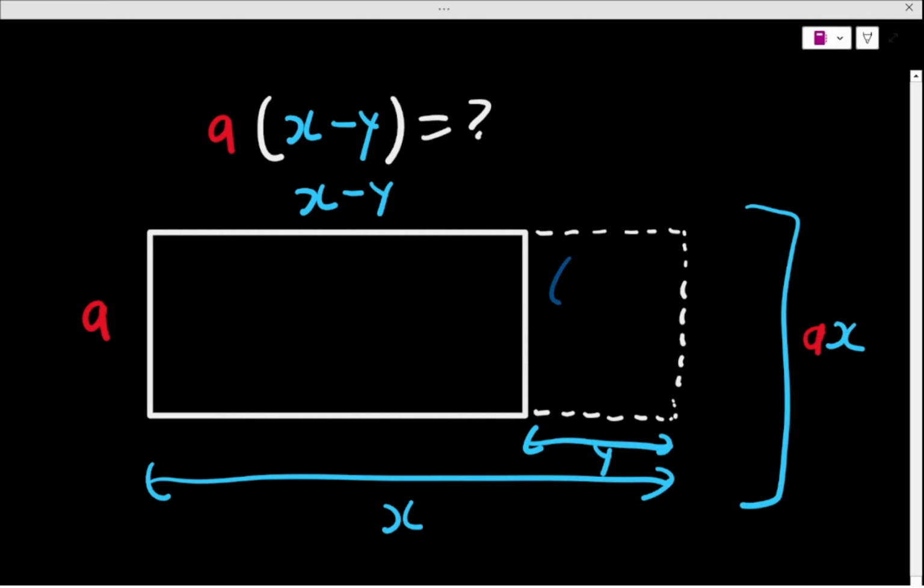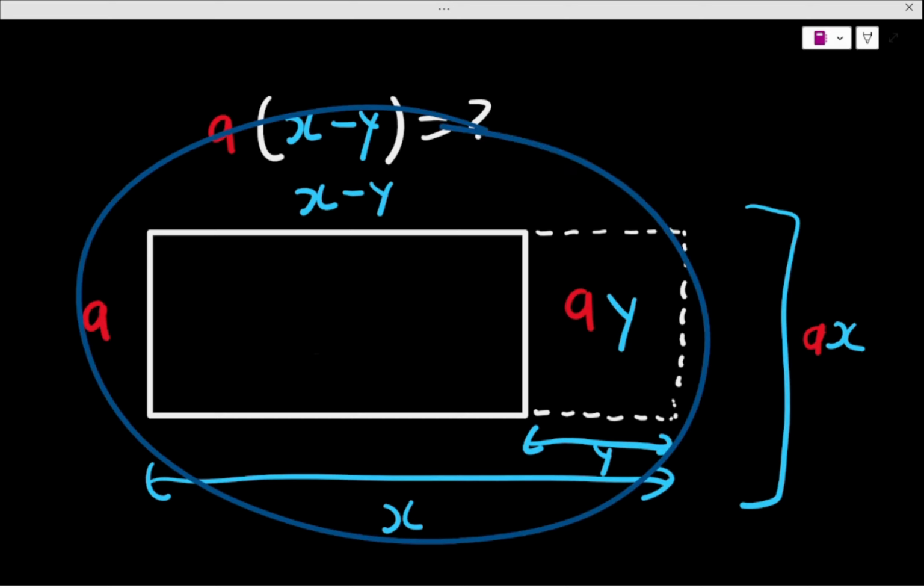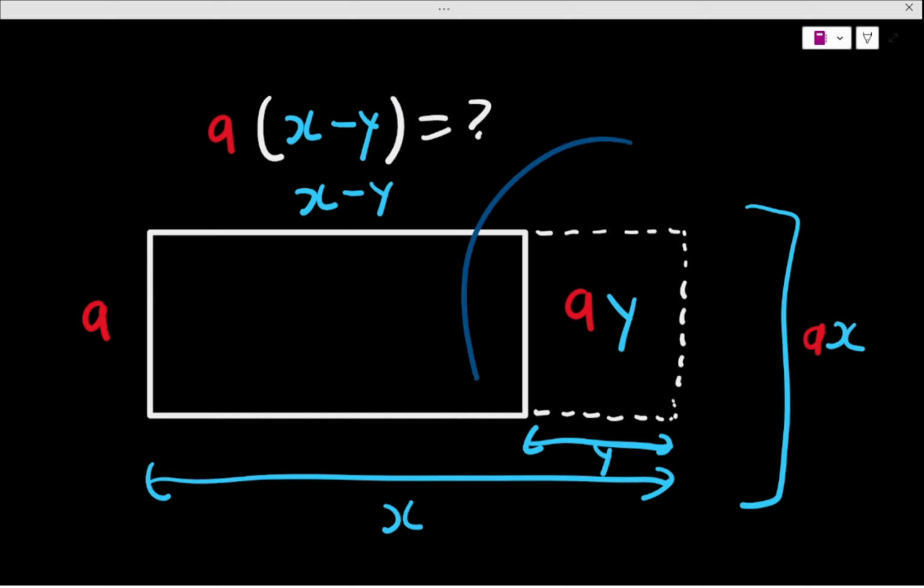What about this region right here? How much of it am I removing? Well, as we know, this is a because it's a rectangle, so it's going to be a times y, which is ay. So, what does it mean? Well, what's this area then? We said that this rectangle right here is the full rectangle subtracted by this part, because we're removing this part.